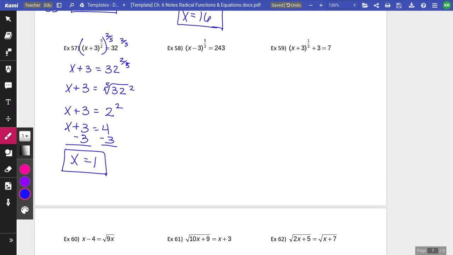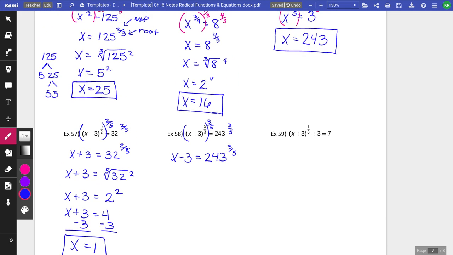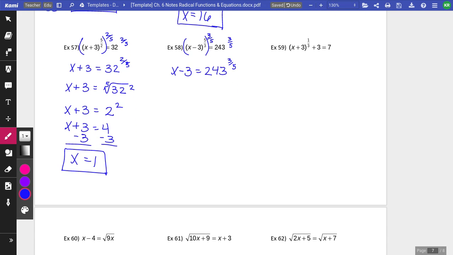All right, on 58, same thing. I need to get rid of the exponent, so I'm going to use 3/5 power. So x minus 3 equals 243 to the 3/5 power. Well, just a second ago, we saw 3 to the 5th was 243.